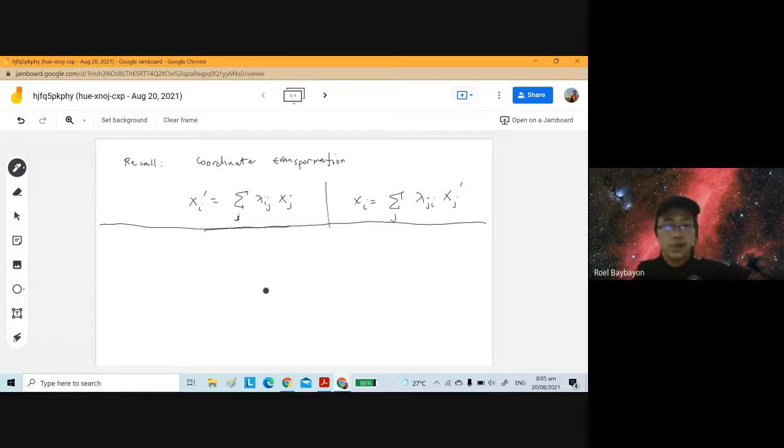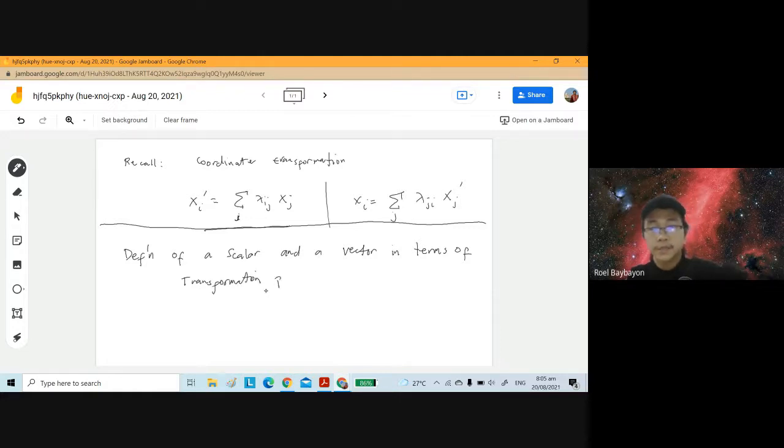Okay? So let's now go to this topic. Definition of a scalar. We know this one. How to define a scalar and a vector, in terms of transformation properties.